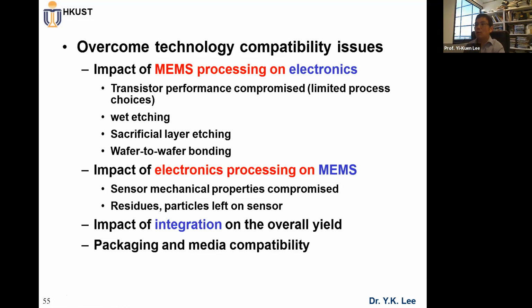Or you want to make the microelectronics on the micro machine. Both have good and bad things, so in general it's still not easy to integrate microelectronics with the micro machine for MEMS sensors. But gradually, 3D IC integration will be more practical. Doing every fabrication step on one single wafer is too tough.